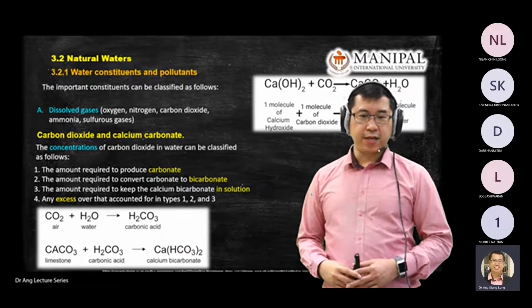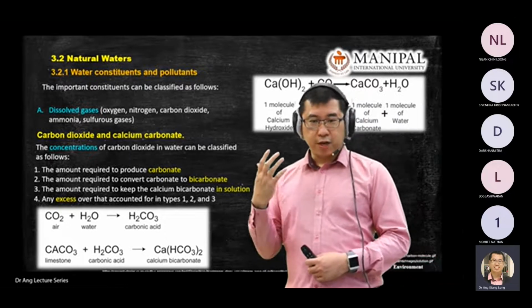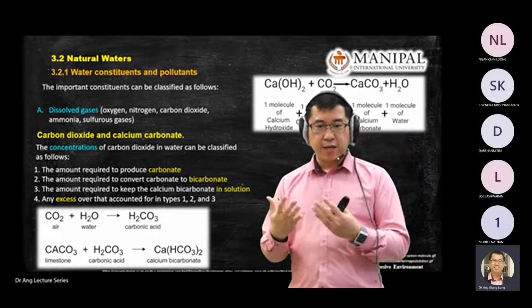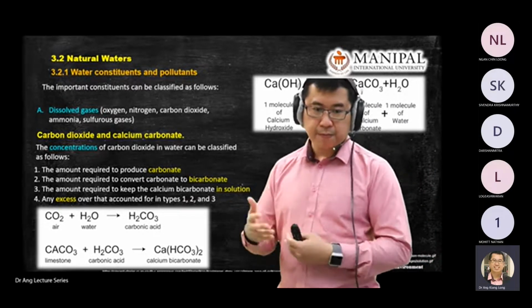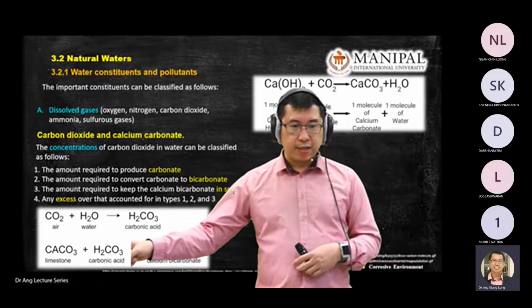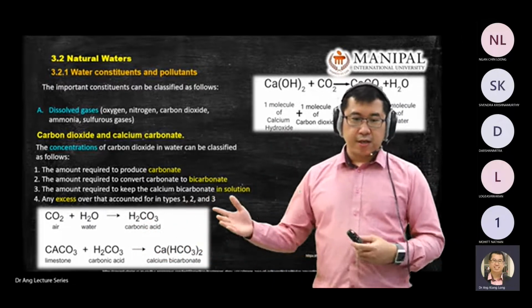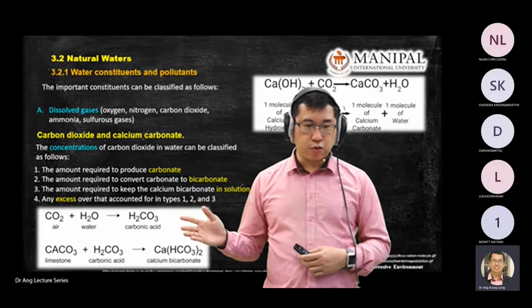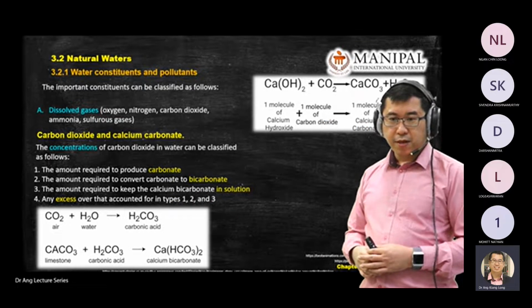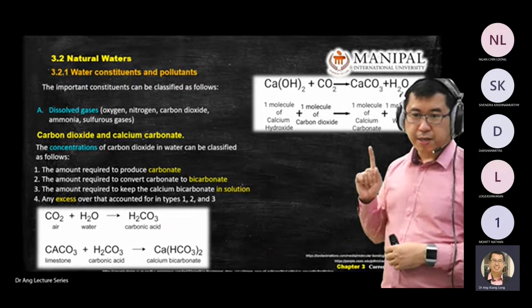Okay, that's where you get it in the industry area. When you have a lot of carbon dioxide and rain falls down, carbon dioxide combined with water, you get carbonic acid. When this carbonic acid comes in contact with limestone, the limestone equation is CaCO3, which is calcium carbonate. Limestone is one example that has calcium carbonate.